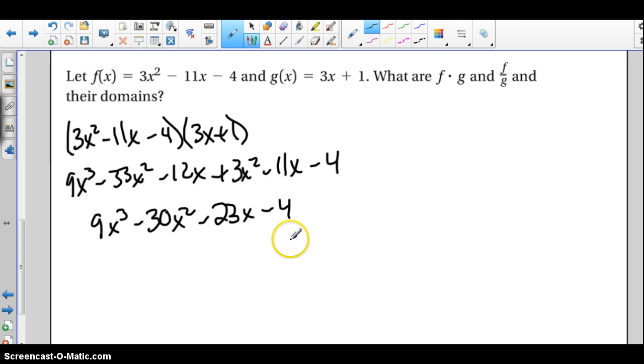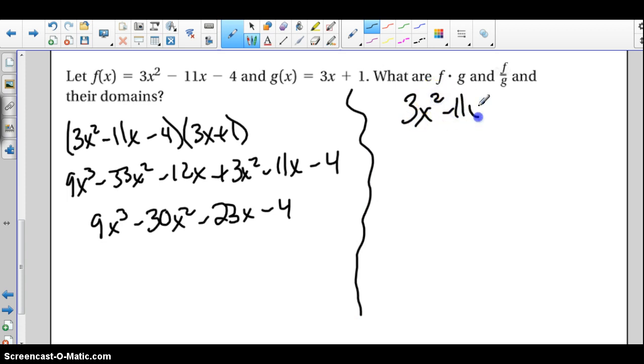For the division, we're going to have 3x squared minus 11x minus 4 all over 3x plus 1. Now, remember, you can only cancel factors. This would be a good note to take. Only cancel factors.